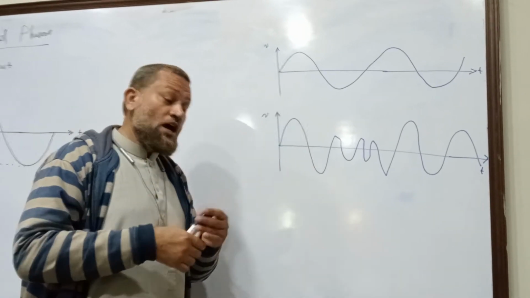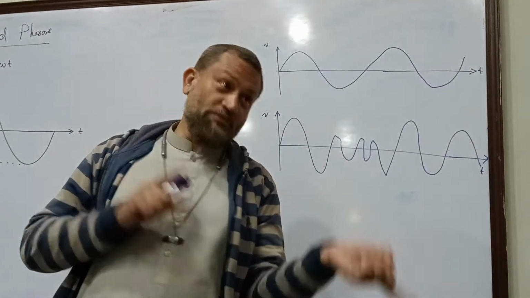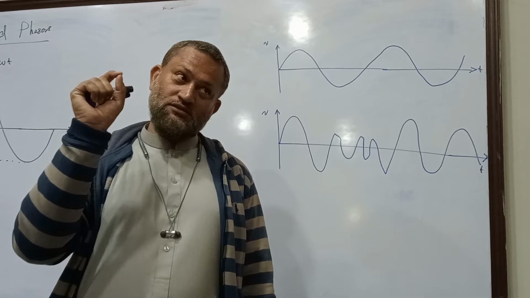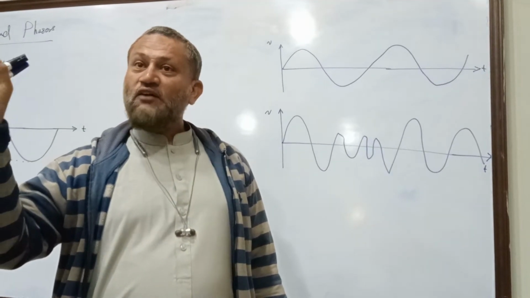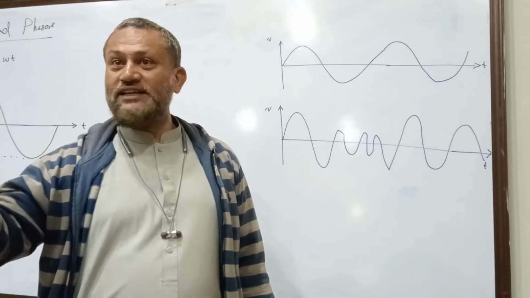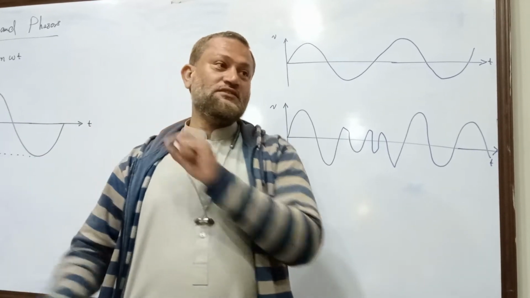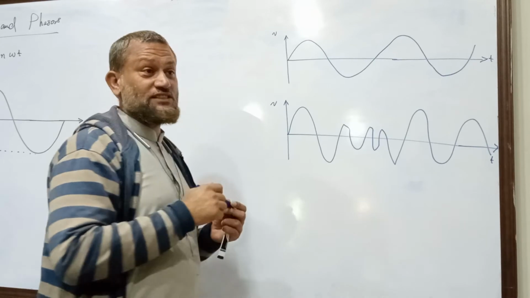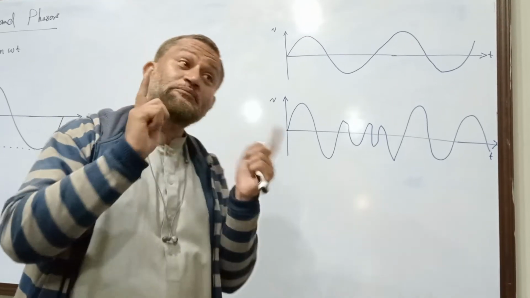How will you find whether a wave is periodic or non-periodic? You take one point on that wave and go further. Whenever you find that point again, and then again, this wave is a periodic wave, and that will be the time period.